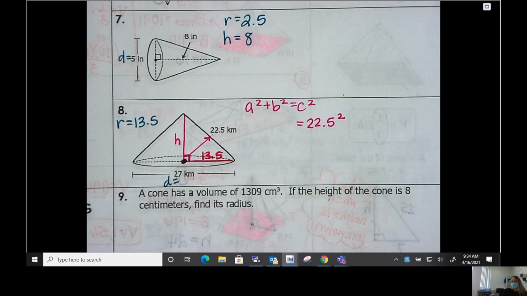And then what am I going to put for b squared? You can either put b squared or I'm going to put h squared, because h stands for height, but it doesn't matter what you put. You're just solving for a variable, so it doesn't matter what letter you put there. I'm just putting h so I remember it's the height. All right, what should I do first?